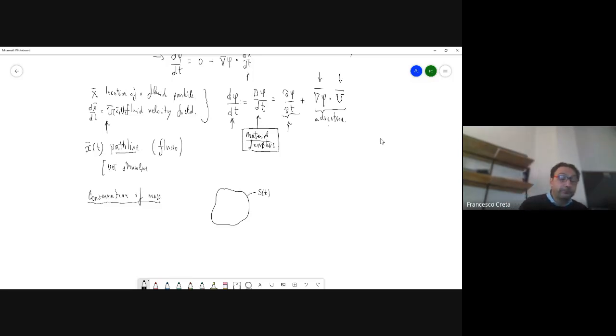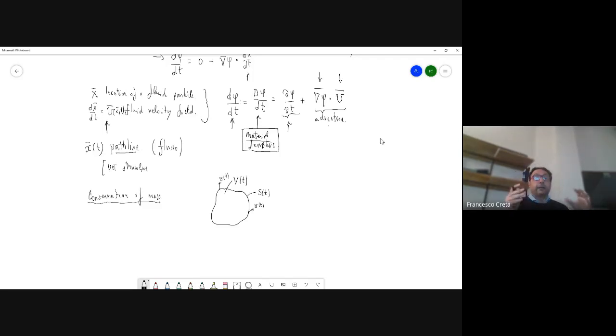So we can have a material surface and we can have a material volume V of t. What does that mean? Well, it's an imaginary surface that actually is moving along with the particles, okay? So each point here of the surface has a velocity v of t. It's actually moving around with exactly the same velocity of the fluid flow, okay?